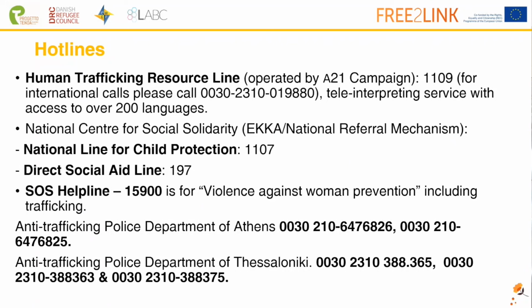Then there is 15900 for incidents of violence against women, including trafficking, where again victims, survivors, as well as staff can call and seek support, assistance, information, and guidance. And the phone numbers of the anti-trafficking units in the police departments of Athens and Thessaloniki.